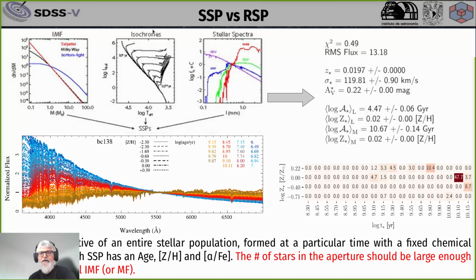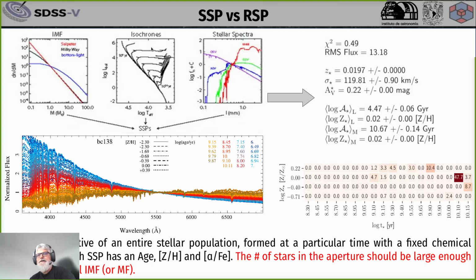Because an SSP, you have to remember, is a spectrum that is characteristic, created synthetically, of a certain population created with a certain metal content that has evolved for a certain time from when it was formed in a single burst. So therefore, at a certain time, they are distributed following an isochrone. And in the case of the Local Volume Mapper, we may have stars that were formed at the same time because they are at the same distance, stars that were formed at different times because they are at another distance, and therefore we cannot fit that so easily with an isochrone.